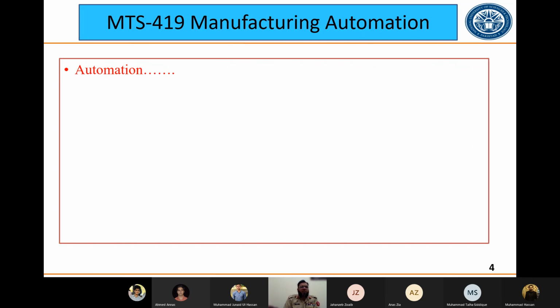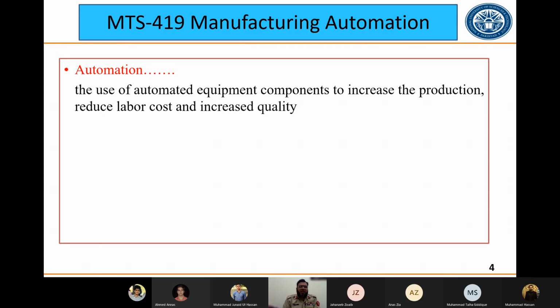When we hear the word automation, what comes into our mind? It gives you a thought that something is happening automatically. If we go with the definition of the book, it says that automation is the use of automated equipment components to increase production and reduce labor cost while increasing quality.